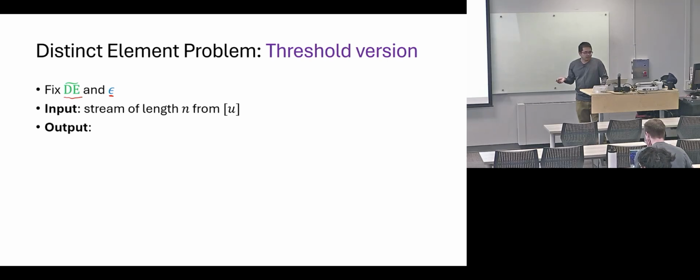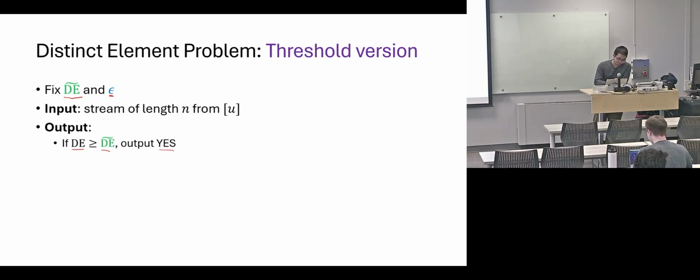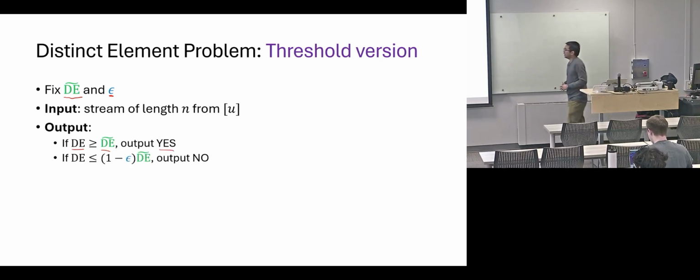Given this stream, there are two cases. If the distinct element count is more than my threshold, then I return yes. On the other hand, if the distinct element count is less than 1 minus epsilon times the threshold, then I must return no. So there is some gap here. If the distinct element count is in between, I don't promise anything.